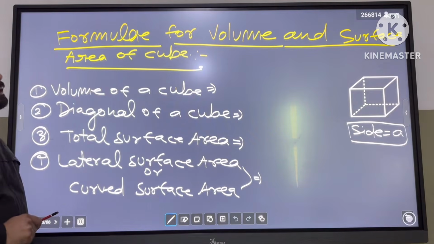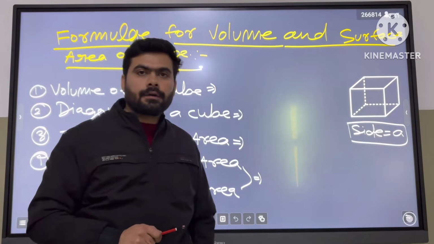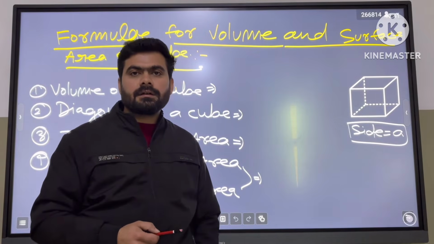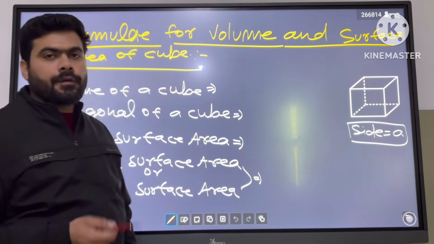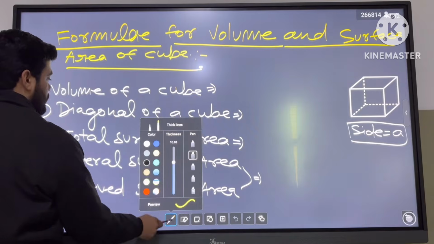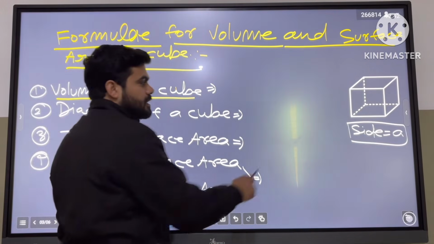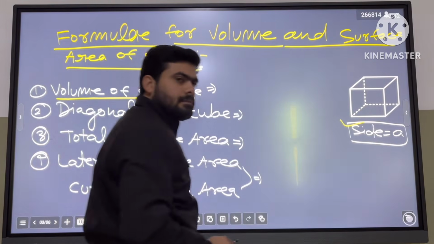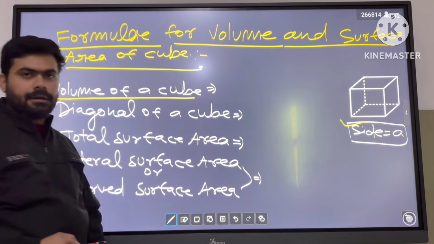Formula for volume and surface area of a cube. What are the formulas of total surface area, curved surface area or lateral surface area, and volume of the cube? So the first formula of a cube is the volume. If a cube has side a, length is a, breadth is a, and height is also a.